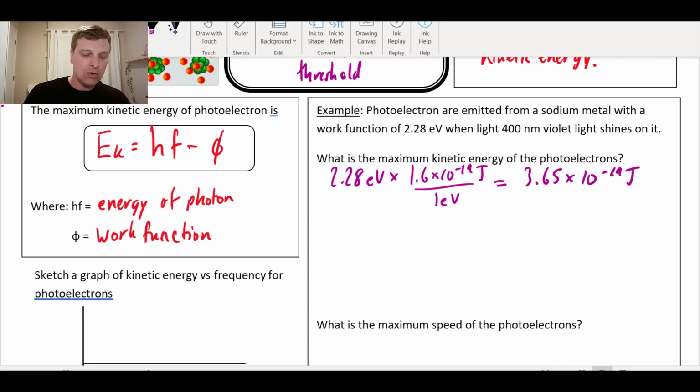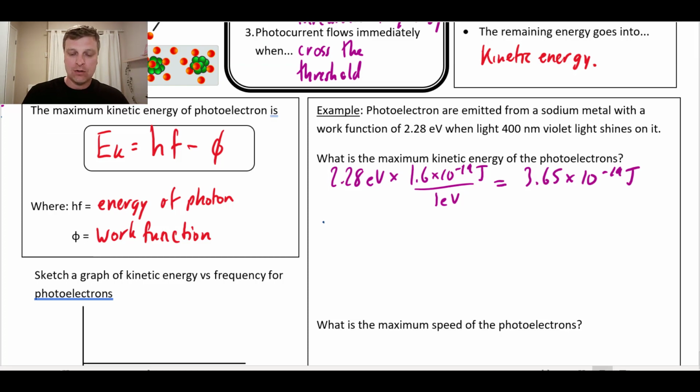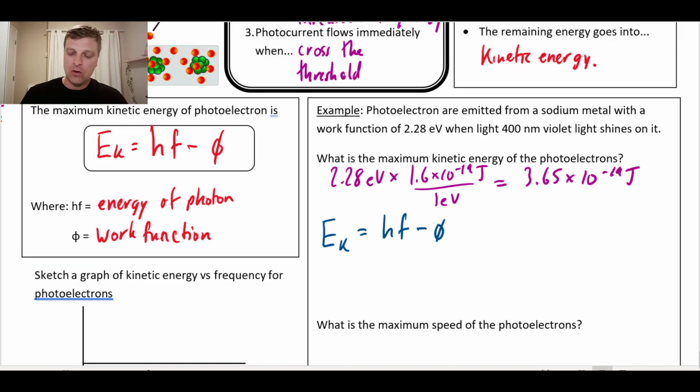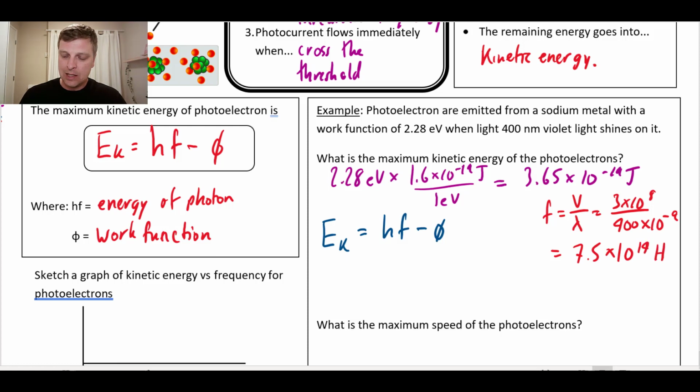Okay, and so using my photoelectric formula here, the kinetic energy of the electrons is going to equal h times f minus phi. Well, I've got the wavelength, but I don't have the frequency. So if I jump over here and find that, we know that the frequency is going to equal the speed divided by the wavelength, which is 3 times 10 to the 8 divided by 400 times 10 to the negative 9 for nanometers. And I end up with 7.5 times 10 to the 14 hertz.